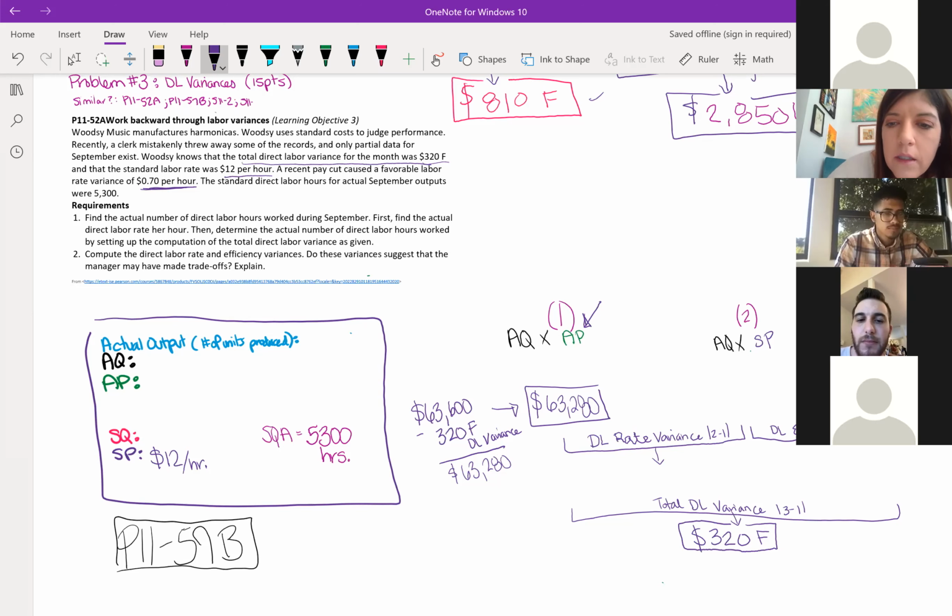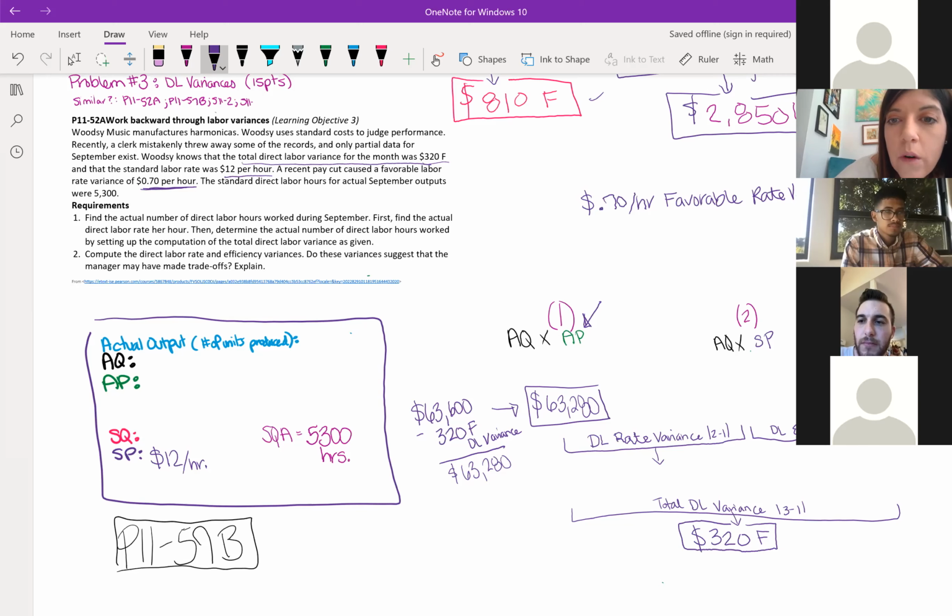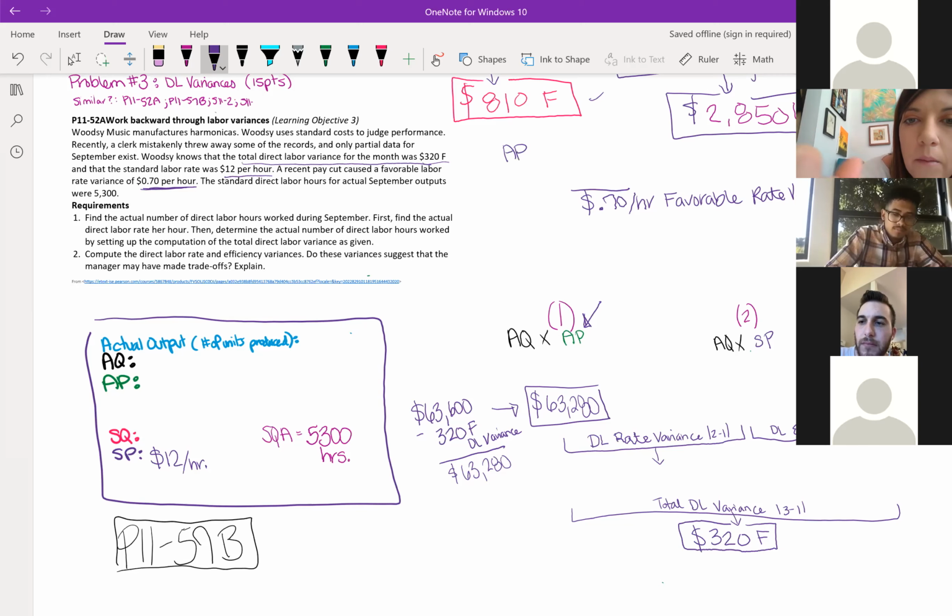So since we have a rate variance of 70 cents favorable per hour, to get that rate variance, we're comparing our actual price paid per hour to our standard price per hour, right? We know that our standard price per hour is $12 per hour.